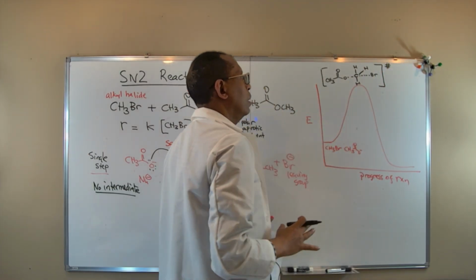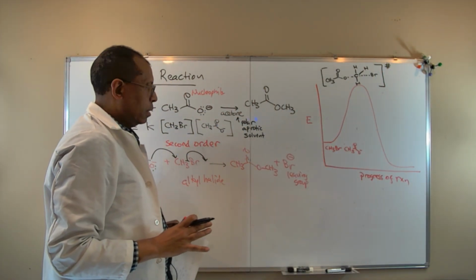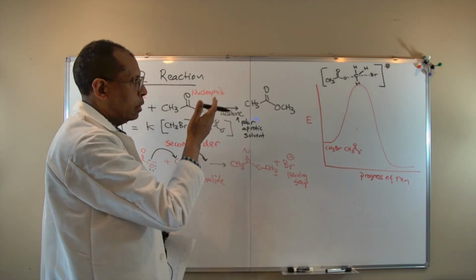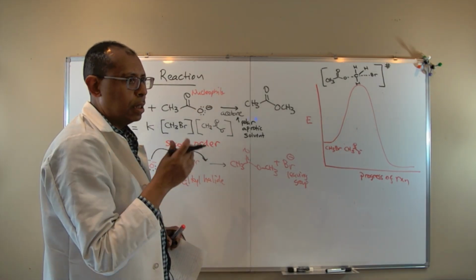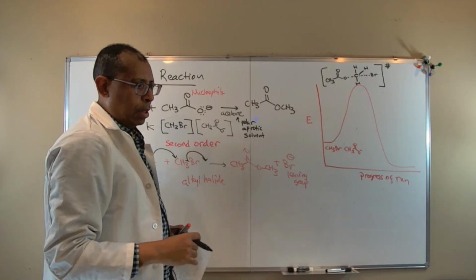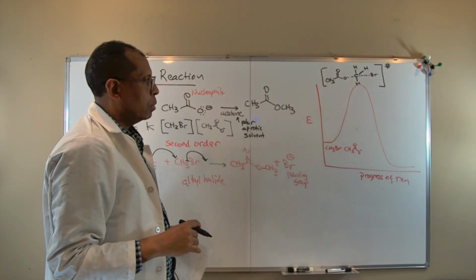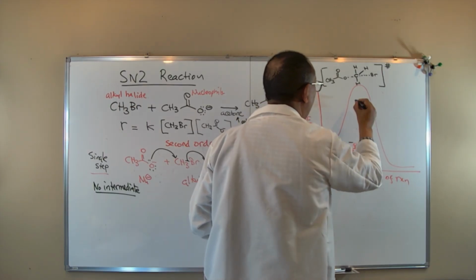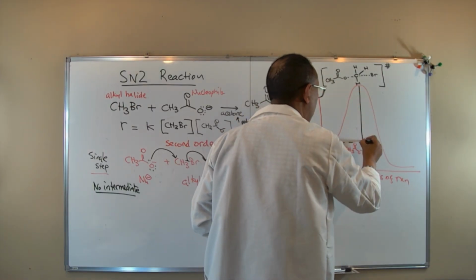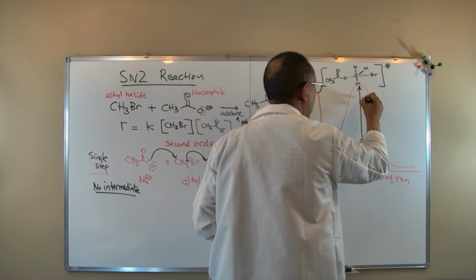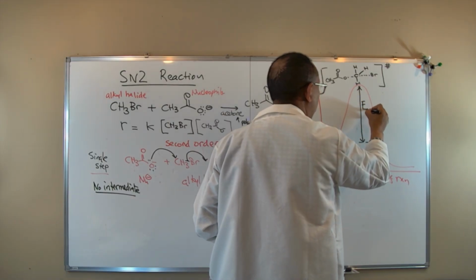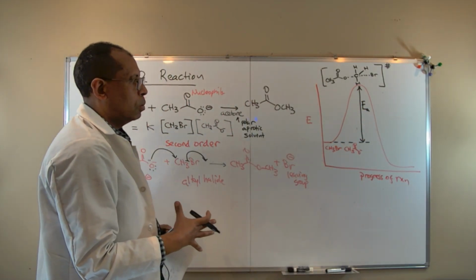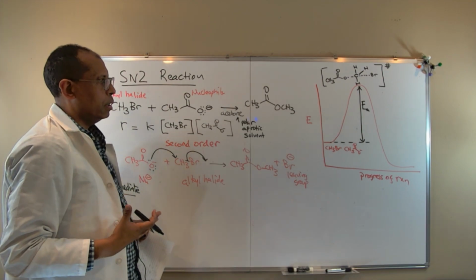Both the nucleophile and also the alkyl halide are in the highest, rate determining step. So this step from here up to there is the activation energy. You need that much activation energy for the reaction to proceed.